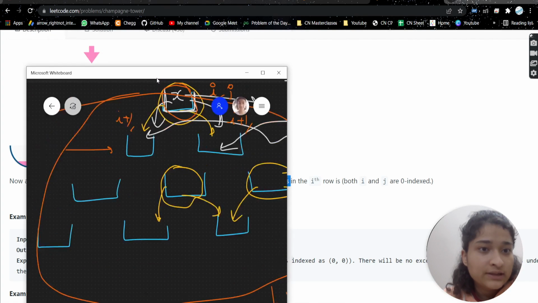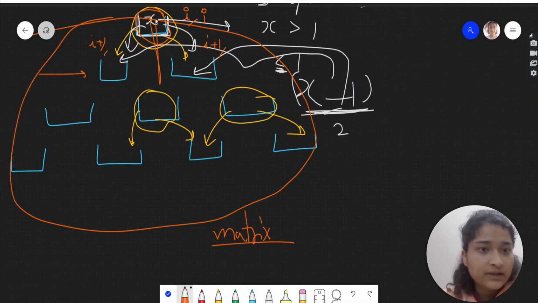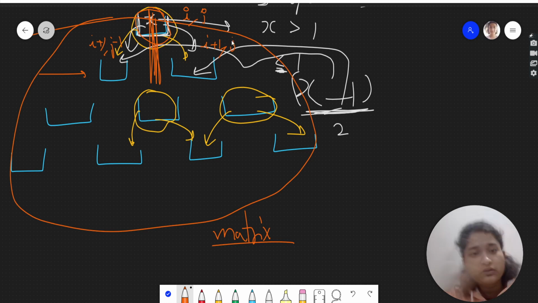This is the current column, so the left column ideally will be j minus 1, the previous column, and the right column will be j plus 1, the next column. Initially we think like this, but this approach is not correct.